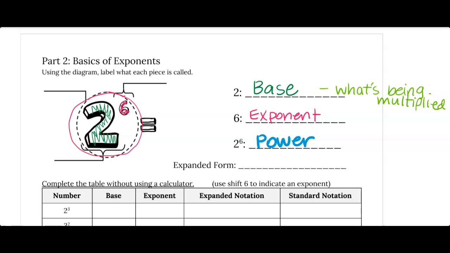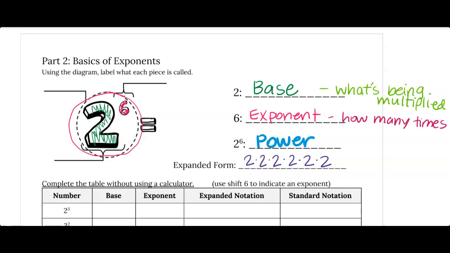And the exponent is how many times. So if I want to expand 2 to the 6th, I would come out to be 2 times 2 times 2 times 2 times 2 times 2. So I'd have 6 2s.